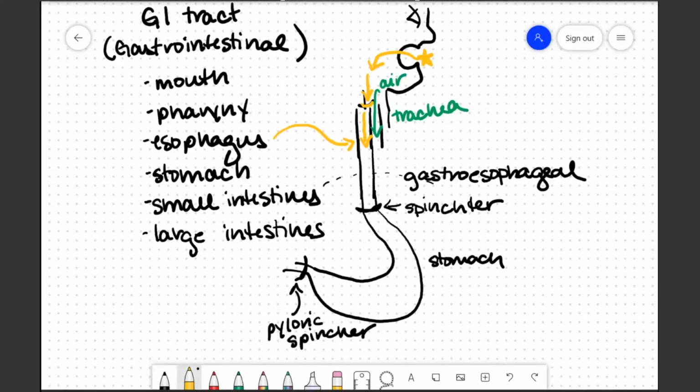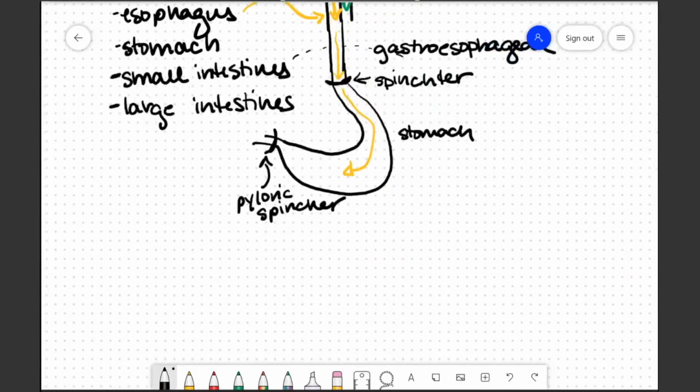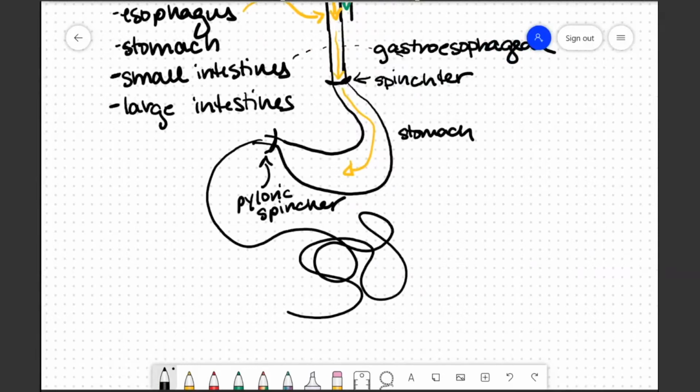So now we have our food. It's come down our esophagus. It's come into our stomach. And then the next place we said it was going to go through was going to be our small intestines and our large intestines. So this is going to be our lower abdomen, right around underneath our rib cage, all the way to our groin. This is where we will find our small intestines. Your small intestines are, by definition, very, very coiled.